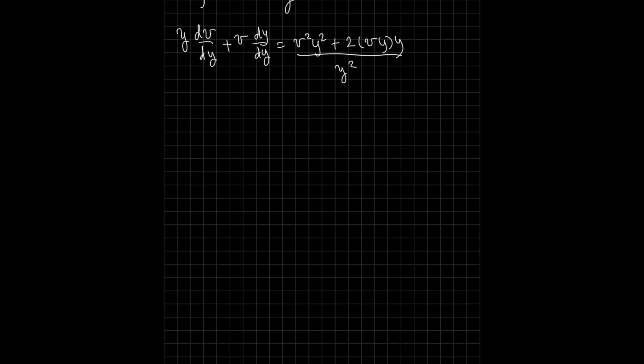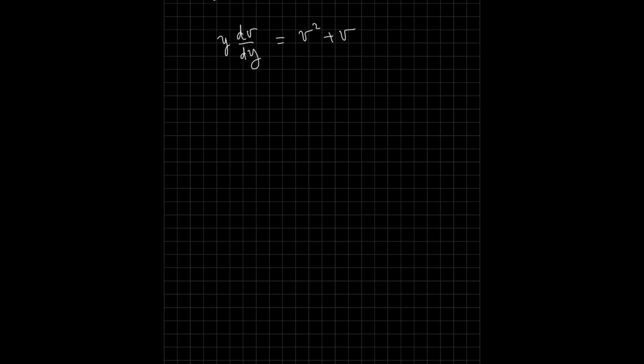Let's simplify that a bit. What we get is y dv/dy plus v equals v squared plus 2v. So the y squareds cancel. And we have v here, we have 2v, so what we're left with is y dv/dy equals v squared plus v.